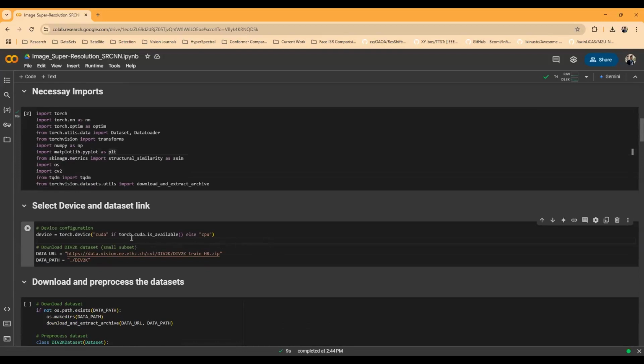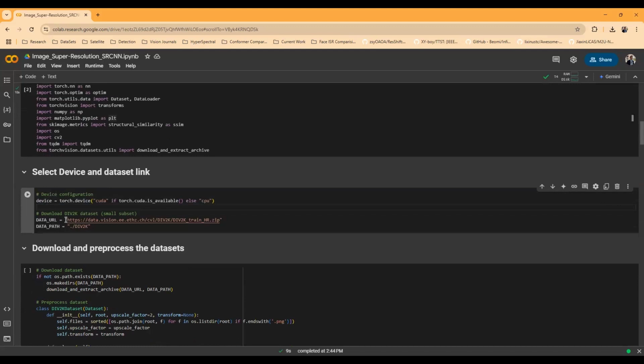In the last lab session, I described that if the GPU is available in terms of CUDA, then torch.device should be selected as CUDA. If not, we must select the CPU. Once the device is finalized, we are downloading the DIV2K images, and we will store them locally in our Colab drive or Google Drive.